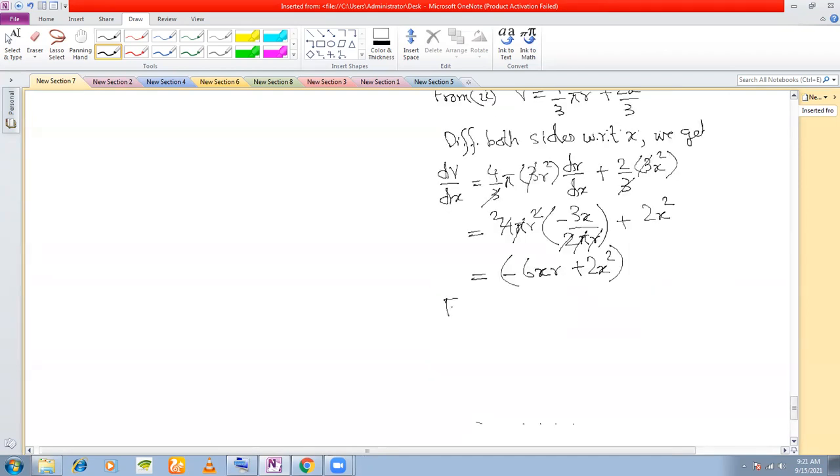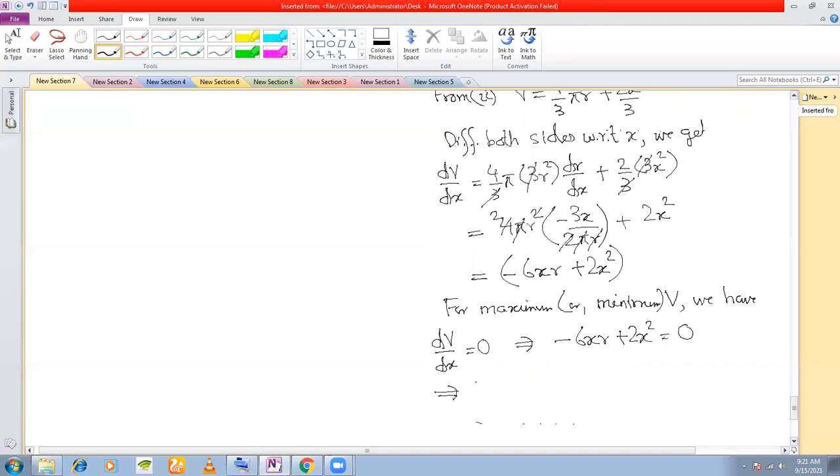So for maximum or minimum volume, maximum or minimum v, we have dv dx is equal to 0. That means minus 6xr plus 2x square is equal to 0. Now I can take 2x common to get x minus 3r is equal to 0.